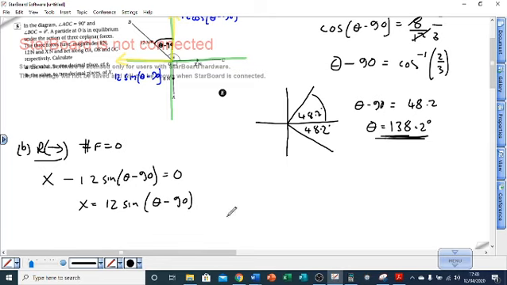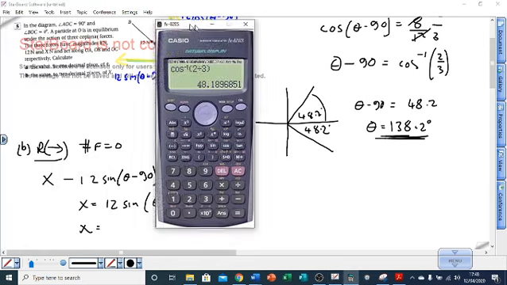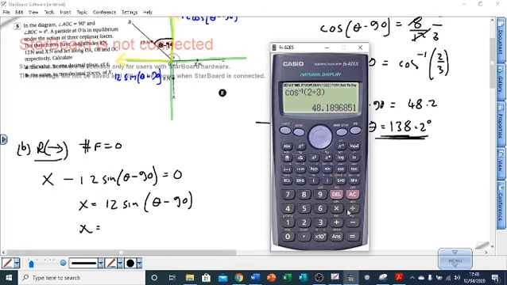So we're going to use this unrounded answer that I've got stored already. So x is equal to, press that, and I've got to add 90 to that. So add 90 equals, there it is. So I've got to do 12 times sin, and open brackets, our previous answer, take away 90.